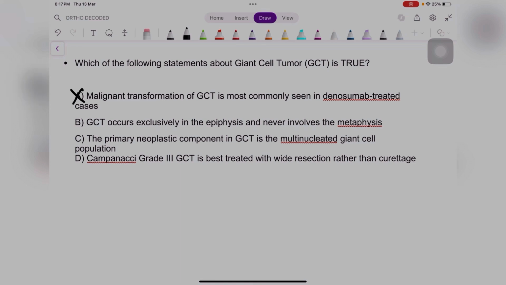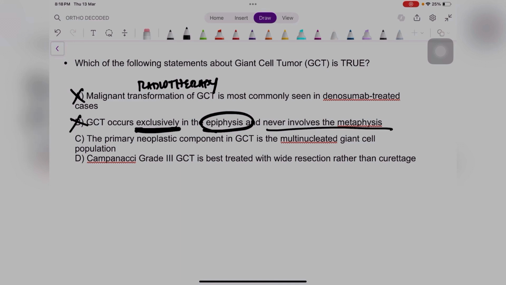No, it is seen in cases where it is treated with radiotherapy. So, this option is ruled out. Then, GCT occurs exclusively in the epiphysis and never involves the metaphysis. No, this is also wrong. It includes epiphysis plus metaphysis.